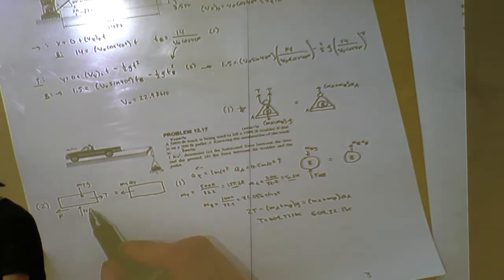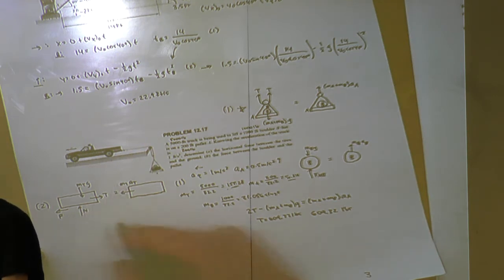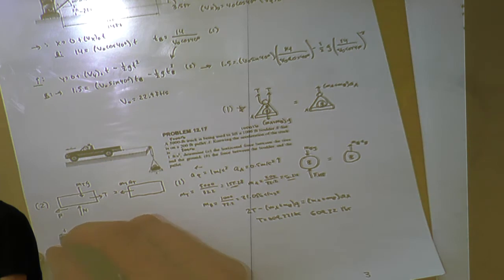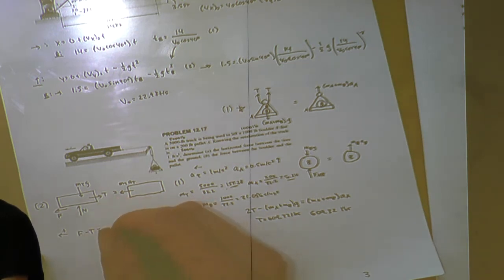So this is going to be the actual truck free body diagram. And from that, we're going to focus on the horizontal direction. We have F minus T is equal to MT AT.